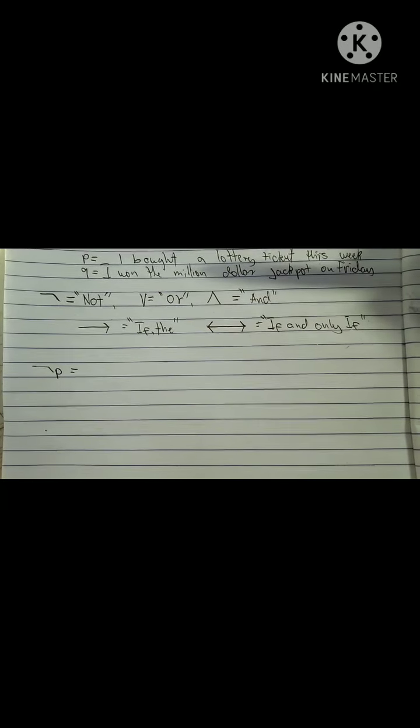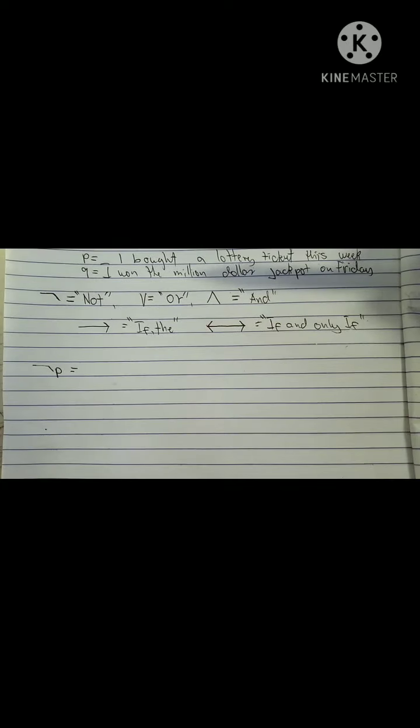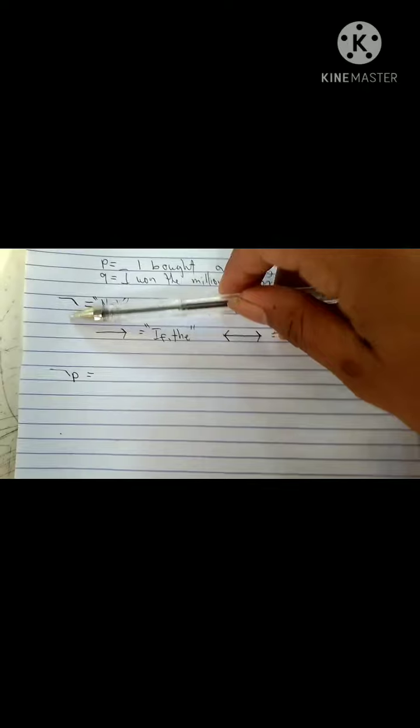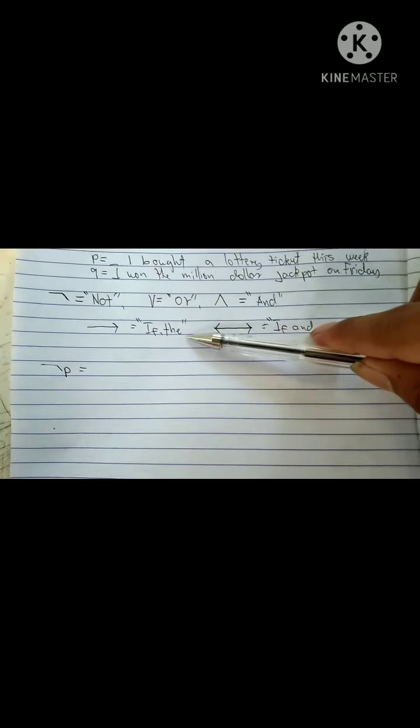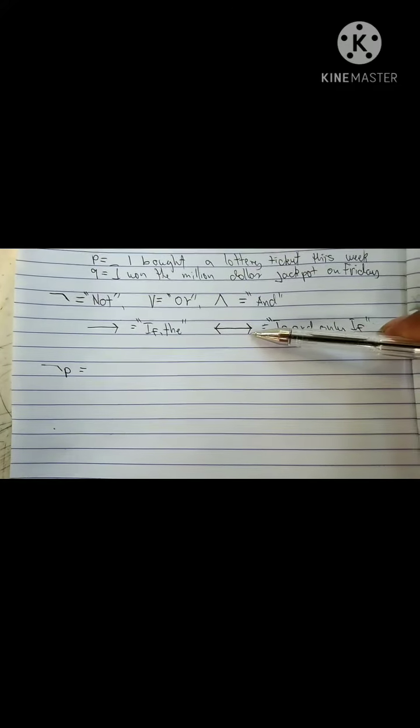First, we need to get the equivalent of our connectives. The equivalent for negation is "not." For disjunction it is "or." For conjunction it is "and." For implication it is "if, then." For biconditional it is "if and only if."